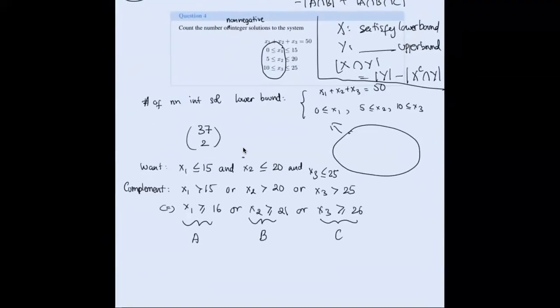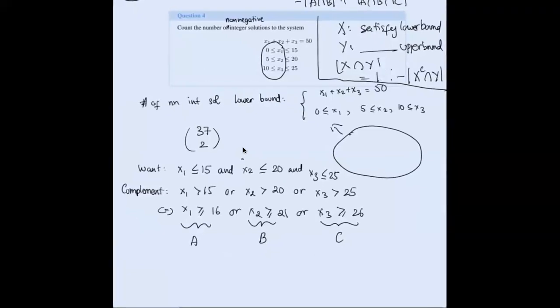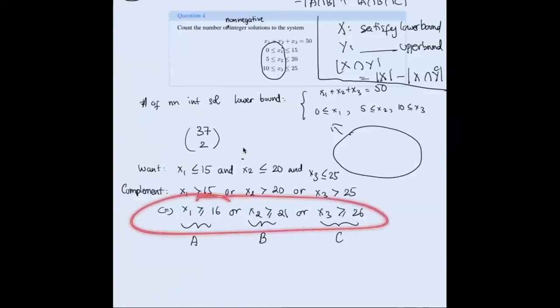We will calculate this one. I think I kind of messed it up. Here should be X. And this one is the complement of what we want to calculate.